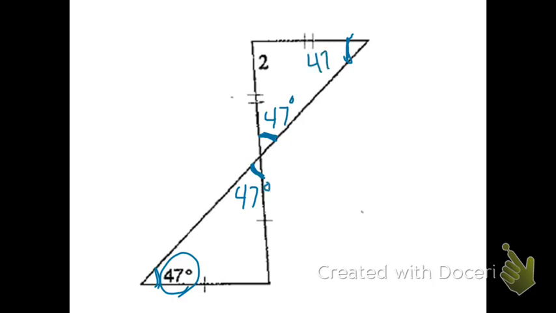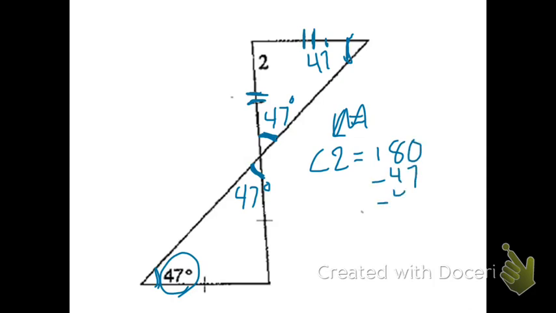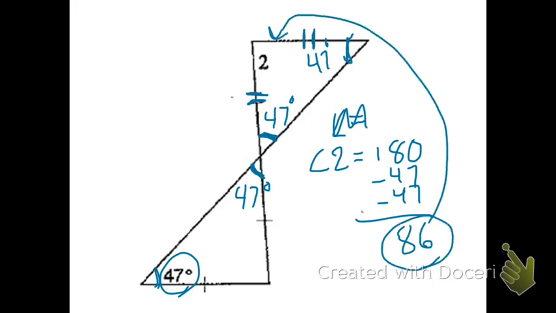And this other base angle has to be 47 degrees because it is a base angle and the other base angle is 47. And we know, since the triangle is isosceles, by these two congruent marks right here, that they have to be equal. So angle 2 is going to be equal to 180 minus 47 minus 47. And you get that angle 2 has to be 86 degrees for all three of these angles to add up to 180. So that was one application of the isosceles triangle conjecture.